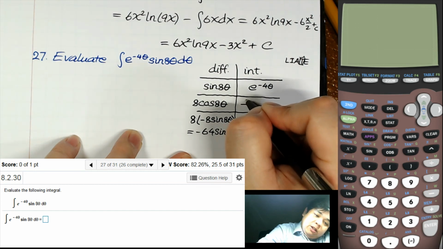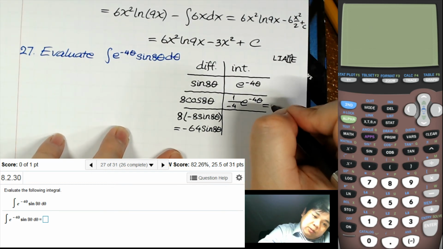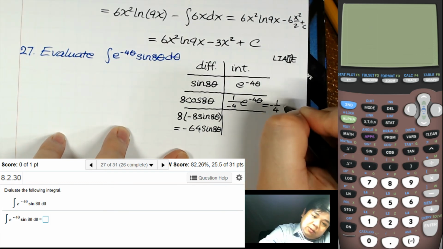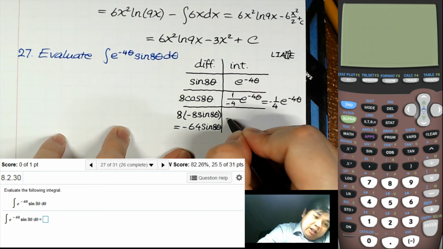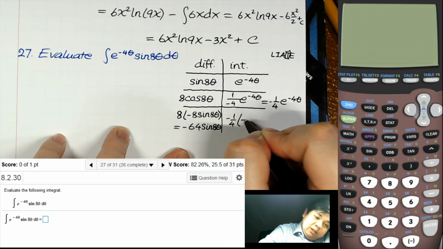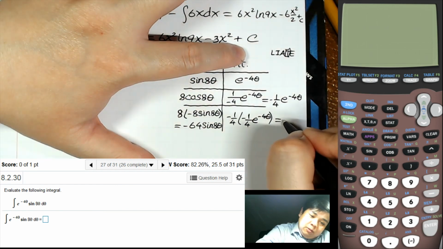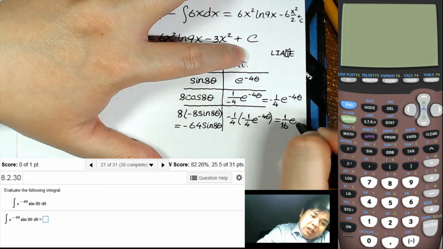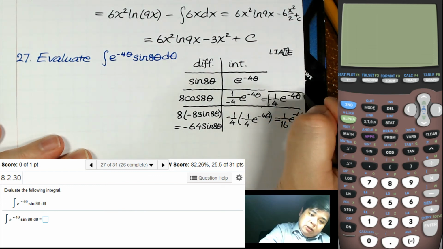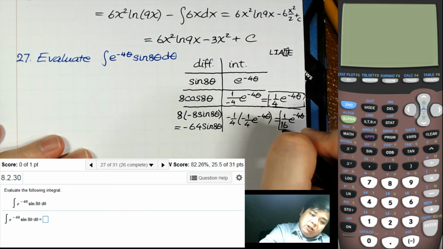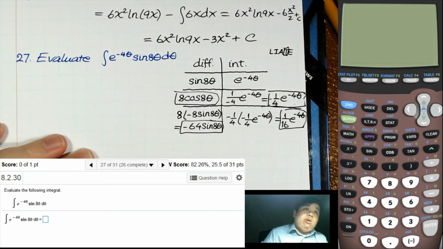Integral, 1 over negative 4, and integral of that again, one over 16 e to the negative 4 theta. So we have 1, 2, 3, and 4.